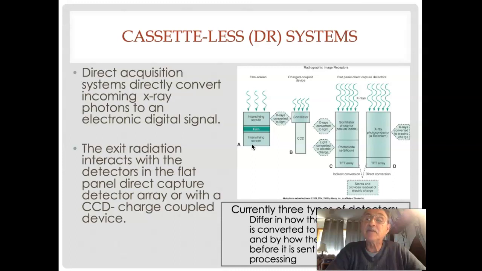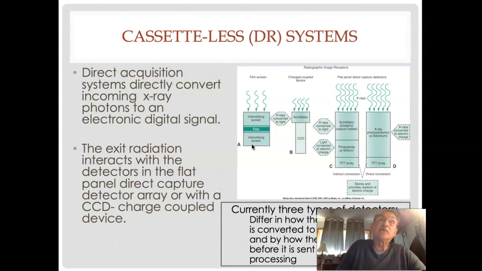You remember from medical terminology, photo means light. And so whenever you see the term scintillator, whenever you see the term photo associated with it, they're talking about the indirect system, whereas with a photoconductor, what we have here is the immediate transfer of that value to an electrical charge.